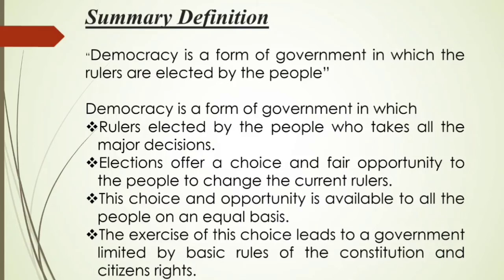It is one type of government where the rulers are elected by the people, and the elected leaders take all the major decisions. Not selected leaders, not autocrats, take major decisions in a democratic country.